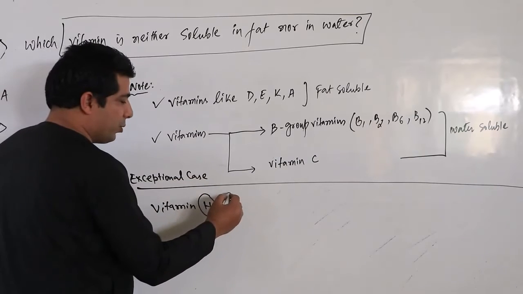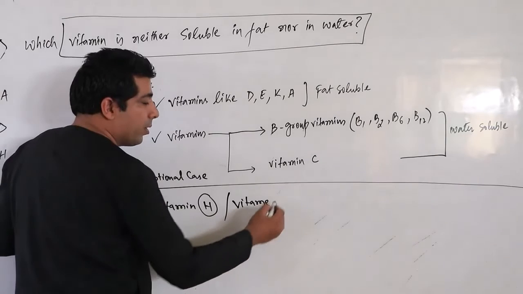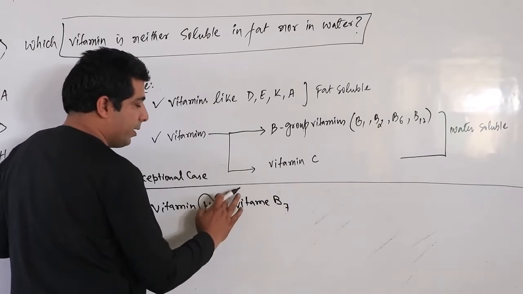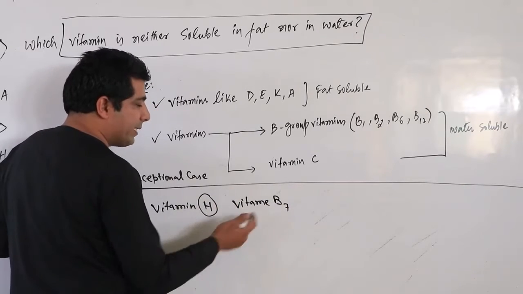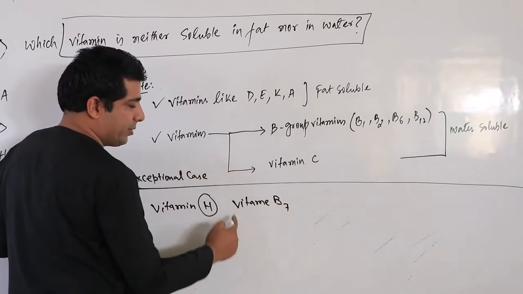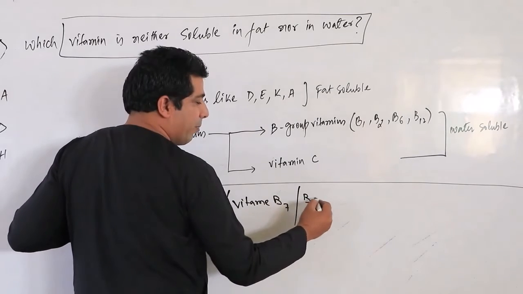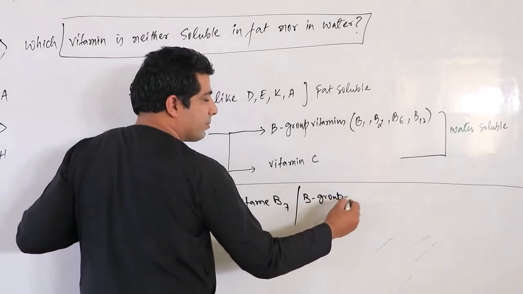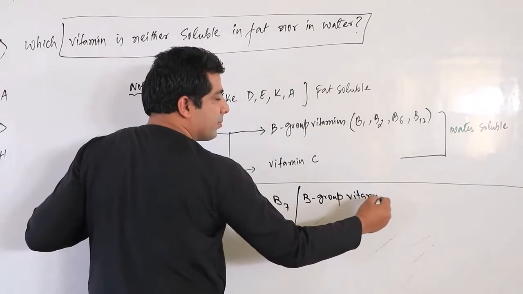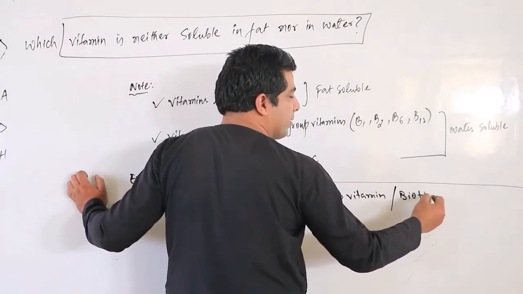Vitamin H is also known as vitamin B7. Okay, so when you look at the name vitamin B7, you will find out that it is a B group vitamin only. So vitamin B7. Okay, so you can also call it as B group vitamin. You can also call it as biotin.